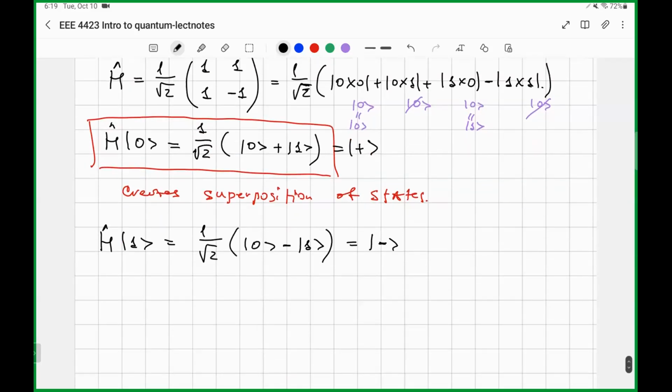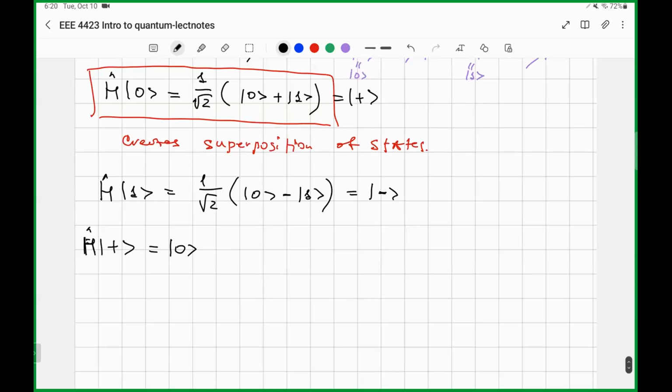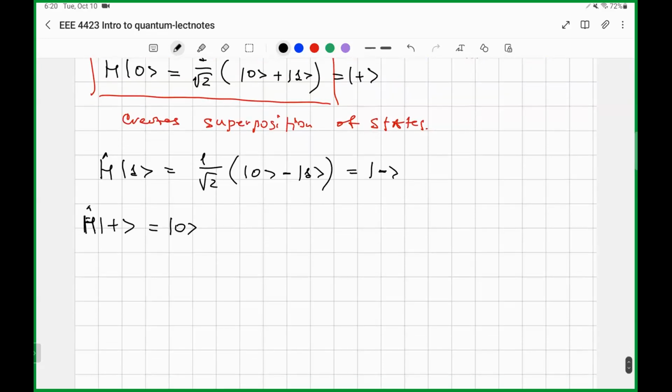The Hadamard gate is a unitary operator, of course, which means that if I take the state plus and apply the Hadamard gate on it, I will get state 0 back. Likewise, if I take this state minus and apply the Hadamard gate, I'll get state 1.